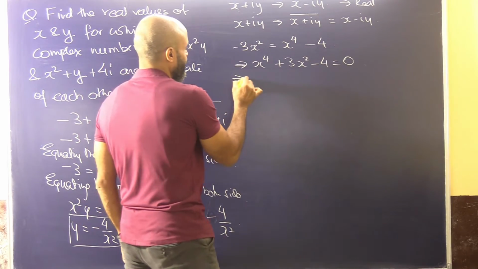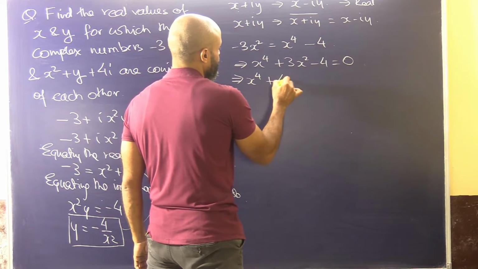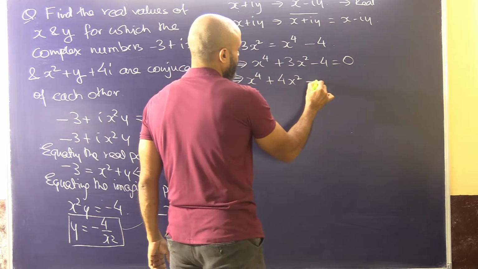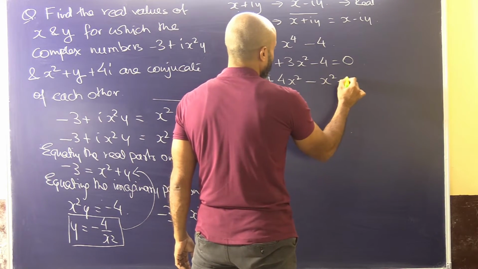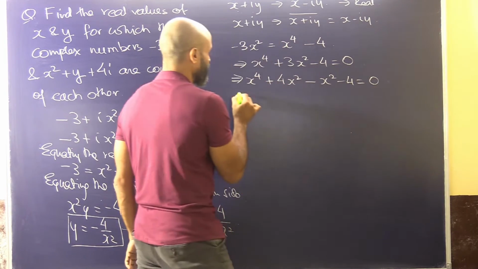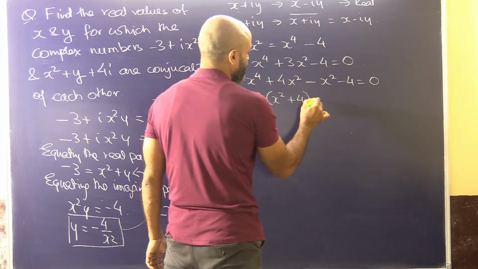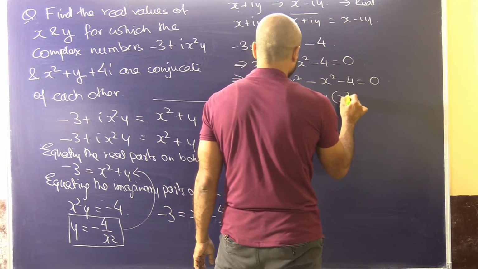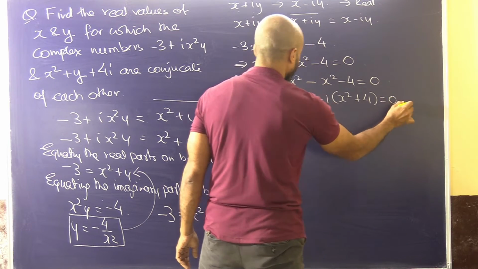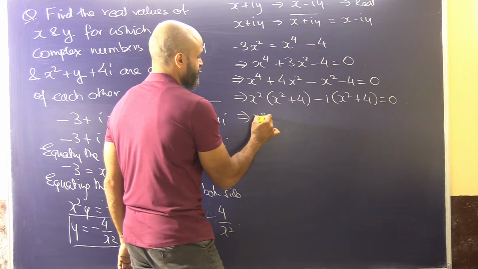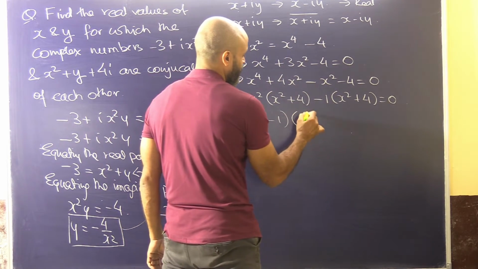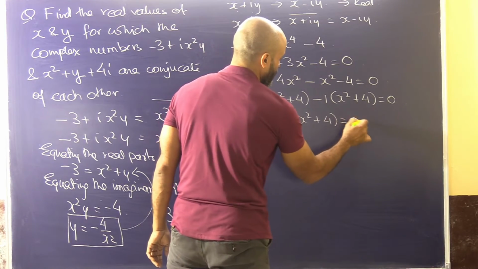So this will be x⁴ + 4x² - x² - 4 is equal to 0, which means x²(x² + 4) - 1(x² + 4) is equal to 0. This will be (x² - 1)(x² + 4) is equal to 0.